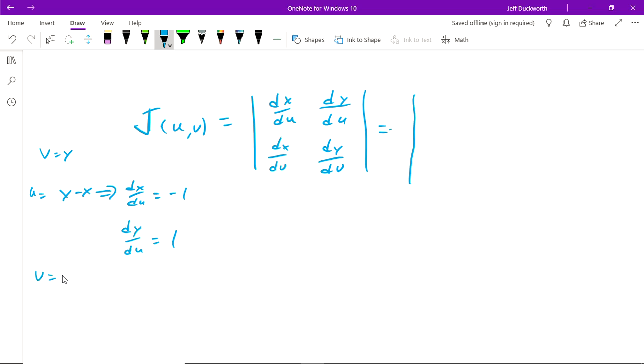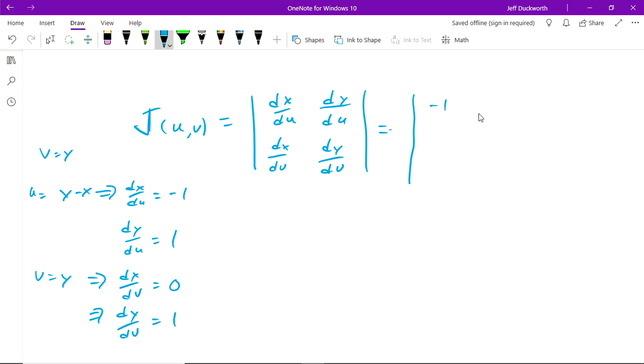So if our v equals y, dx dv is equal to 0, because there's no x in there. That's just the derivative of a constant, 0. And then dy dv is equal to 1, because the derivative of y is 1. So we're going to put these in.